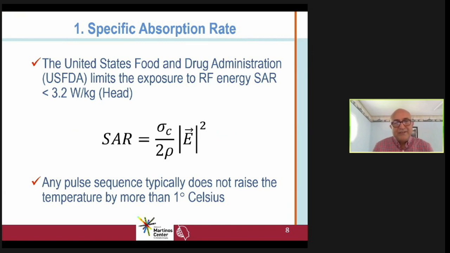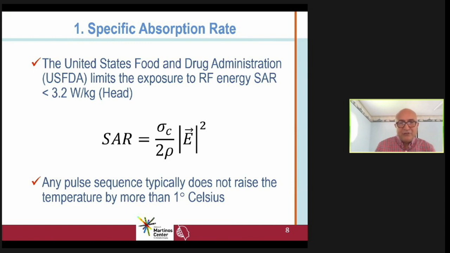So in terms of safety, the United States Food and Drug Administration often talks about the specific absorption rate calculation. The specific absorption rate is this formula here, which is sigma, the conductivity of the tissue, point by point, divided by 2 times the mass density, point by point, and multiplied by the magnitude of the electric field, again, point by point.